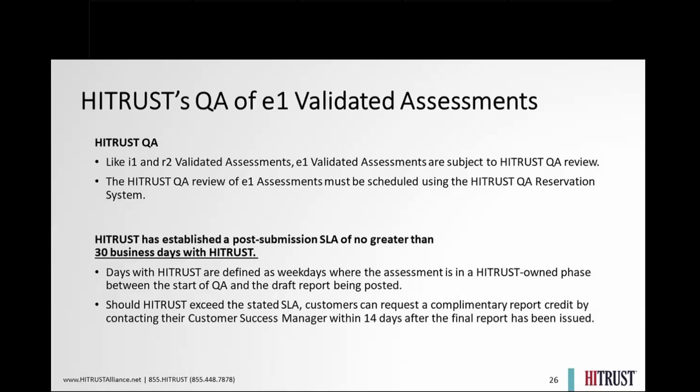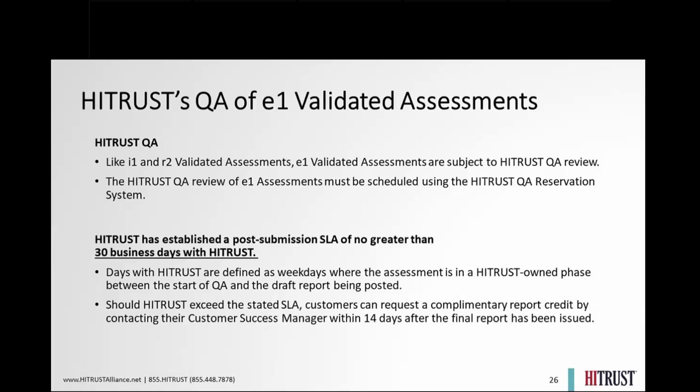We won't be the one to delay the assessed entity getting the report in their hands for more than 30 business days. And if we are, then you can contact your customer success manager after you get your final report, and we'll issue a complimentary report credit. And again, this is business days with HITRUST, no more than 30 business days. This is an SLA, and really this is to reflect that HITRUST and HITRUST QA will not be a bottleneck in helping this thing move quickly.